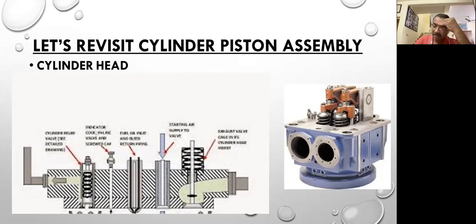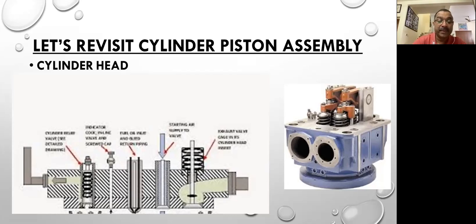What do we call that inspection? By inserting a camera inside, we can make an endoscopy through this port. We will be putting a small camera through this decompression cock, and we can inspect the inside of the cylinder through an endoscopic process.